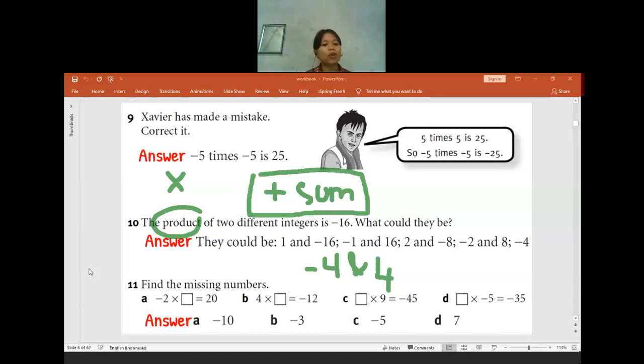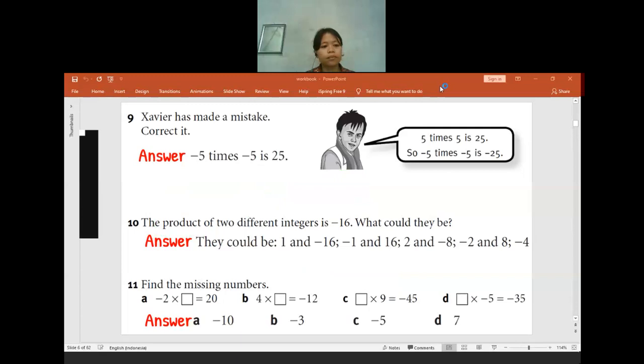Is there anything confusing for question 11? Is there anything confusing? No? Okay. If nothing is confusing, I will move to the next exercise, exercise 1.2 at page 8. Wait, my screen is freezing again. Okay. Really, nothing is confusing, yeah?